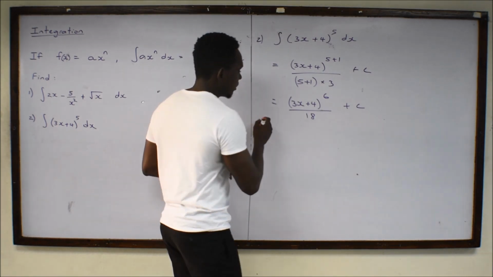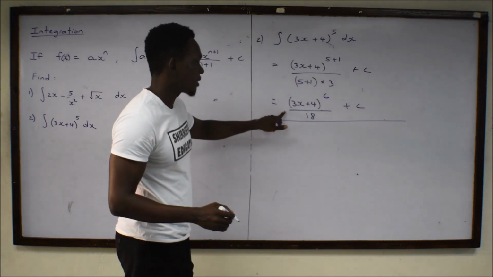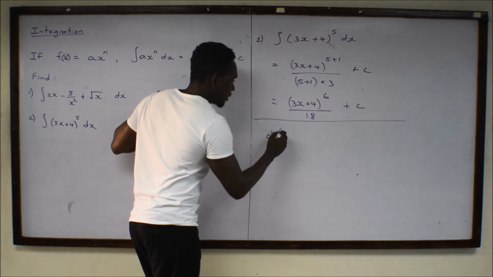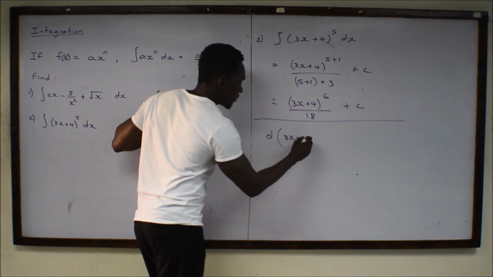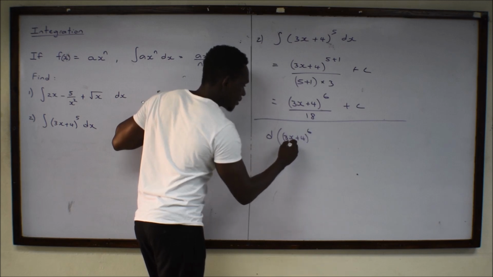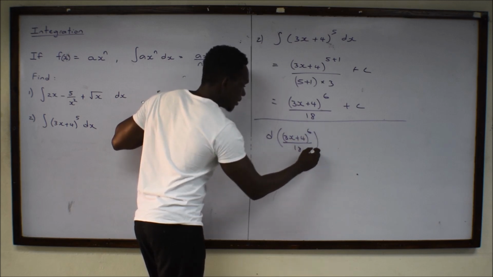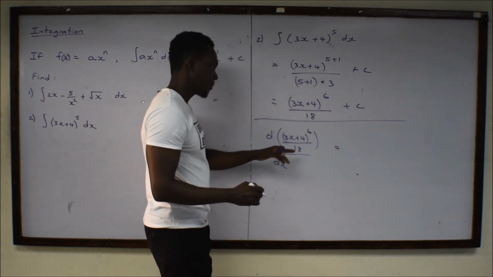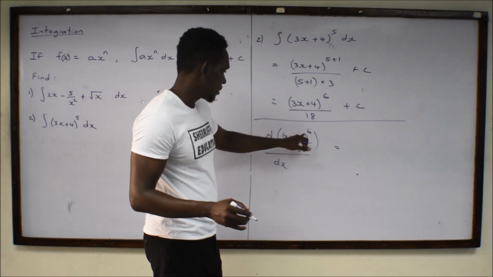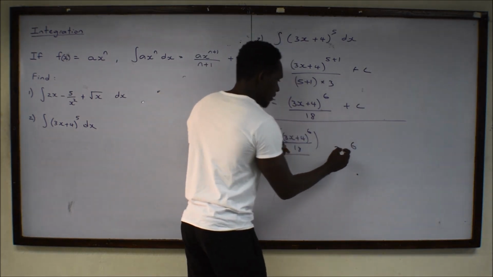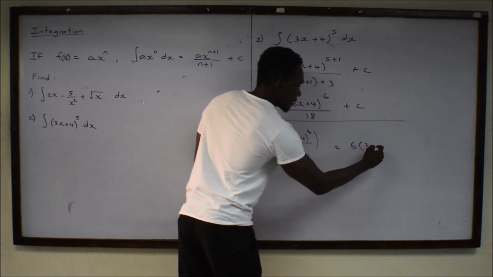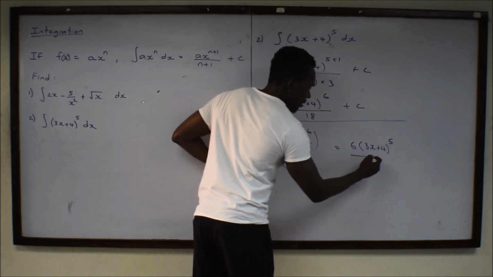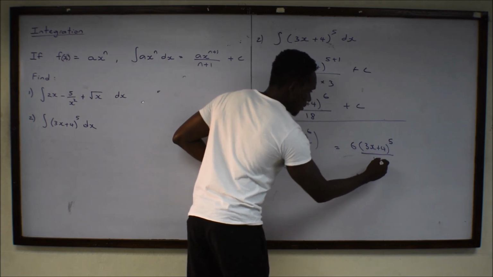Now let's try differentiating this and see if we end up back with the original. We want to differentiate 3x plus 4 to the 6 divided by 18 with respect to x. Using our chain rule, we multiply by the power, so we have 6, 3x plus 4, and we subtract 1 from the power, that gives us 5, all over 18.